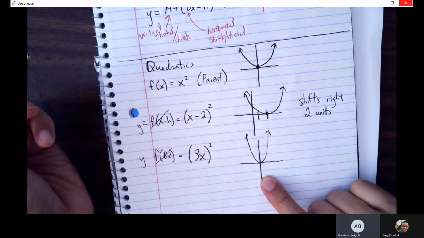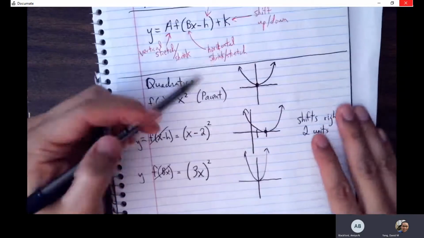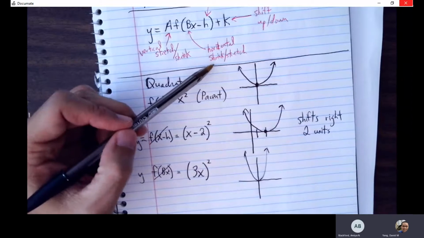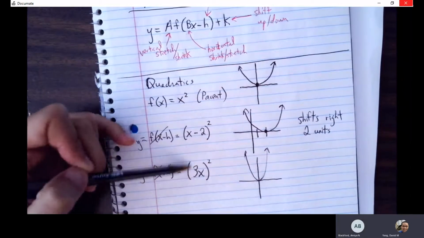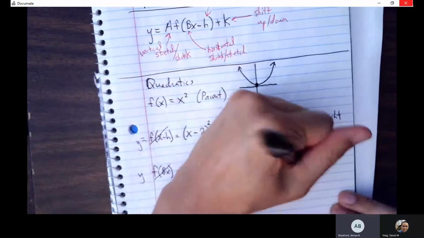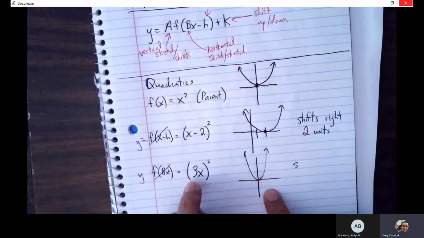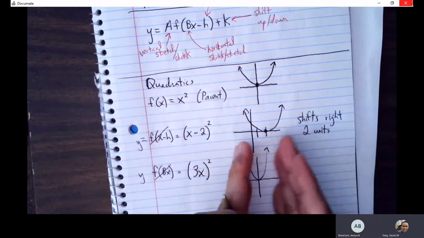I think you said B is going to be a horizontal stretch, or? Yeah, this is going to shrink it horizontally. Because if it was like 1/3 or 1/4, it's going to make it really wide, but this is going to shrink it horizontally.